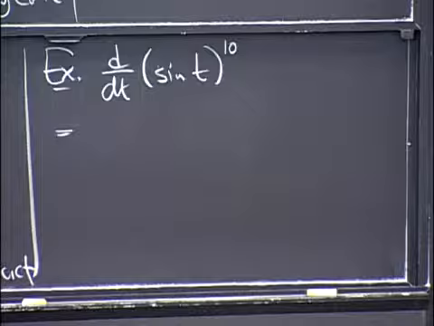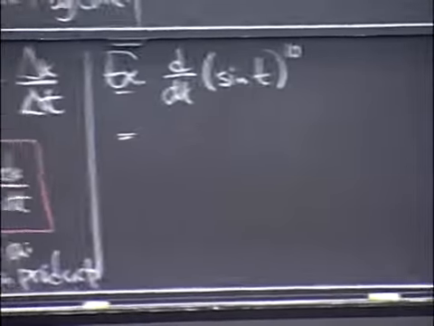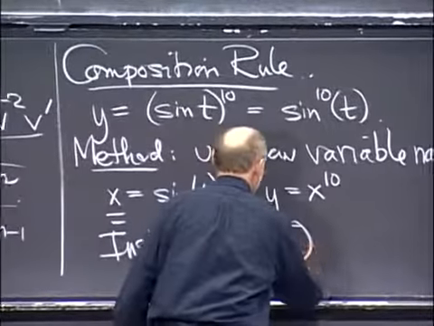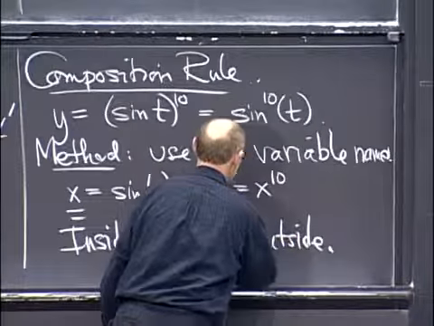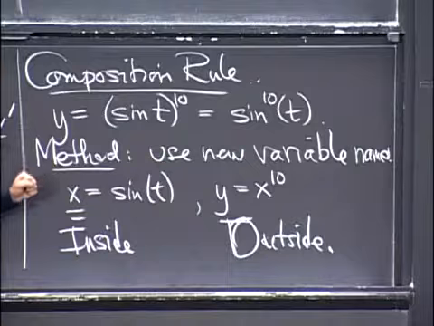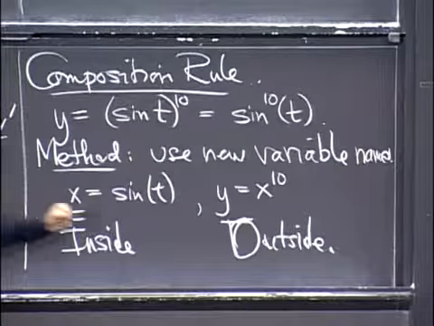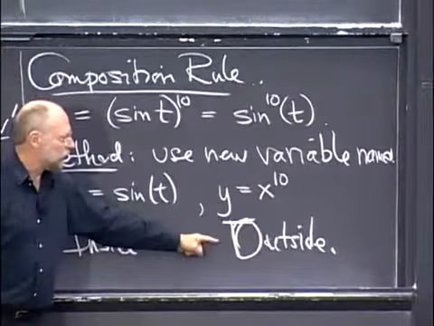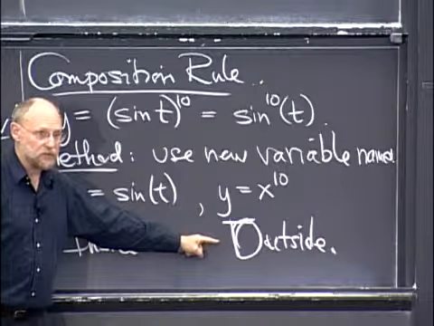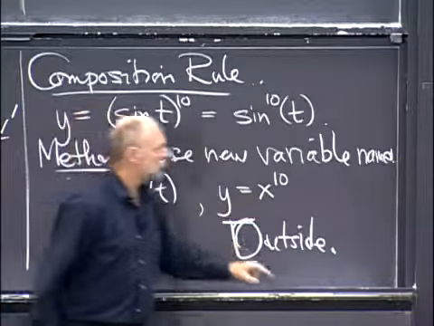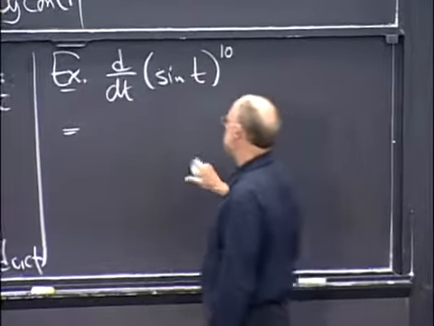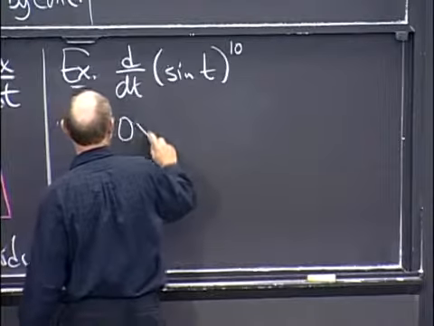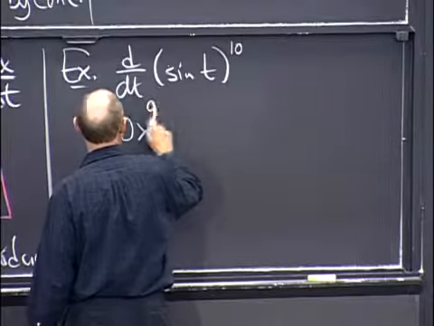That is, this is the inside function, and this is the outside function. So the rule says, first of all, let's differentiate the outside function. Take dy dx. Differentiate it with respect to that variable x. The outside function is the 10th power. What's its derivative? So I get 10x to the 9th power.